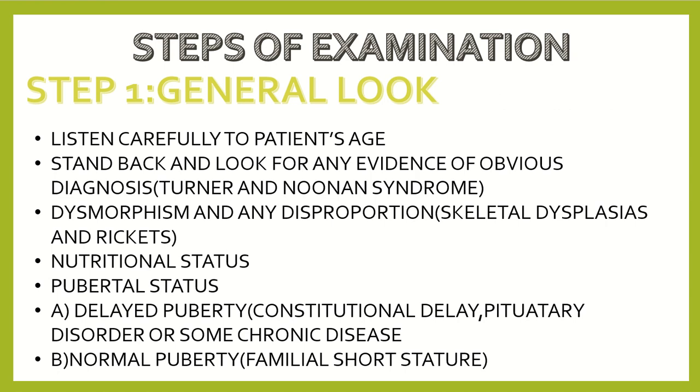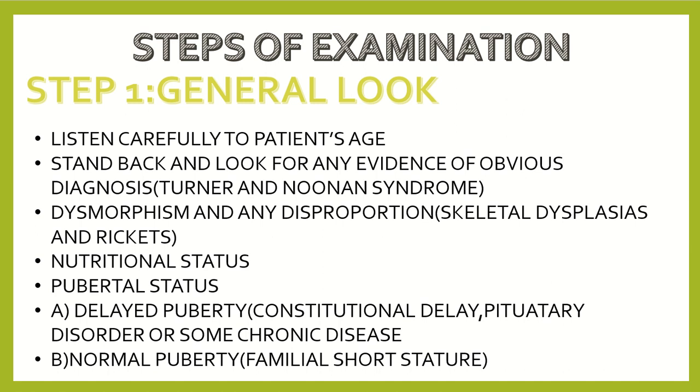Now, there are four basic steps as I told you, and the first step is the general look. So, what are you supposed to do in the general look? First thing, listen carefully to the patient's age. Stand back and look for any evidence of obvious diagnosis like Turner and Noonan syndrome, any dysmorphism, any disproportionality, which is present in skeletal dysplasias and rickets, any nutritional status, and pubertal status.